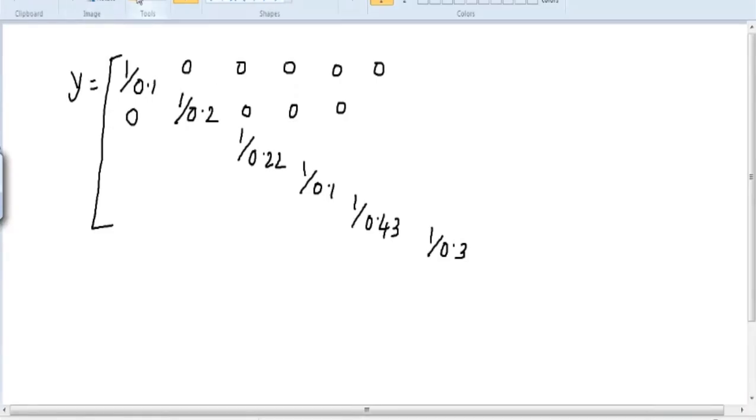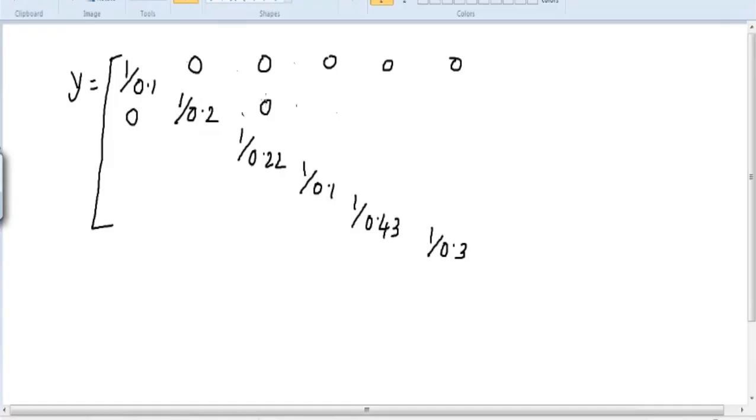We will just enlarge this because then it will be easy for us to write this matrix. So 1, then we have to insert 5 zeros. 1, 2, 3, 4, 5, 6.